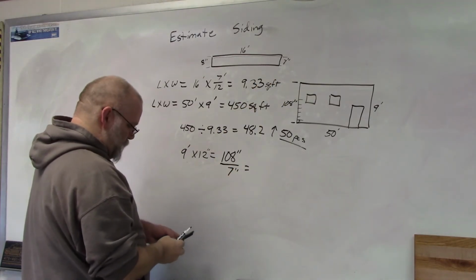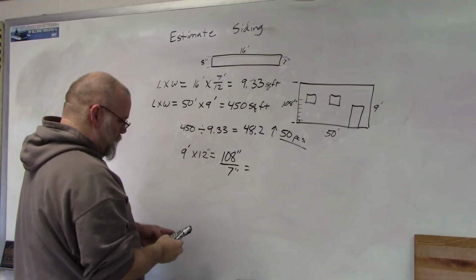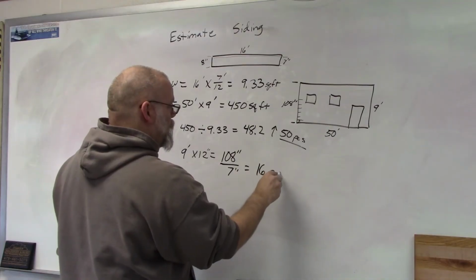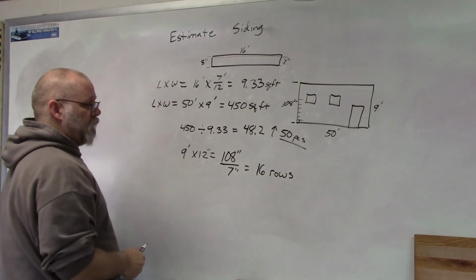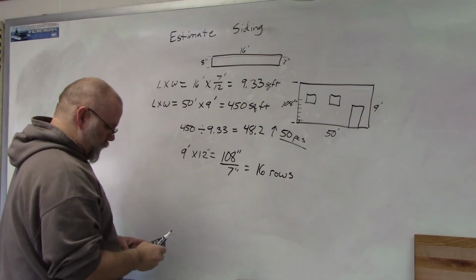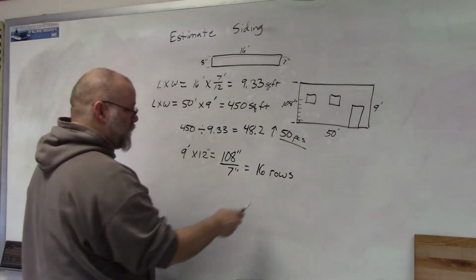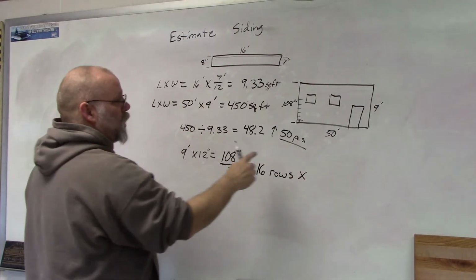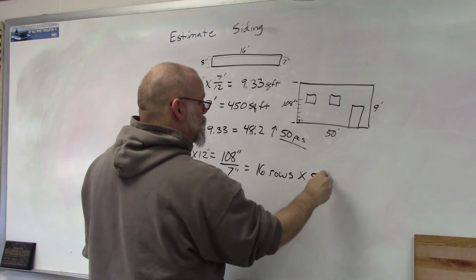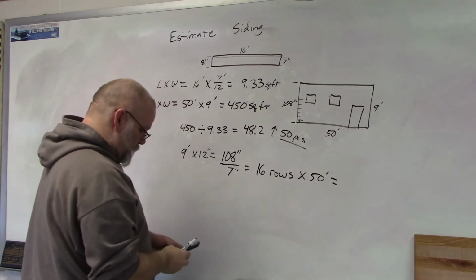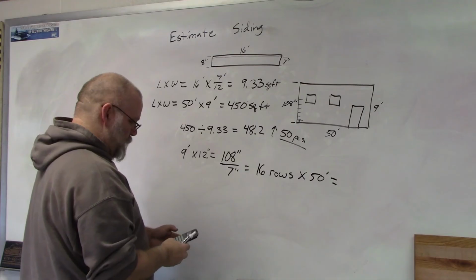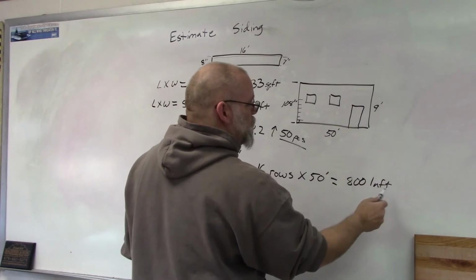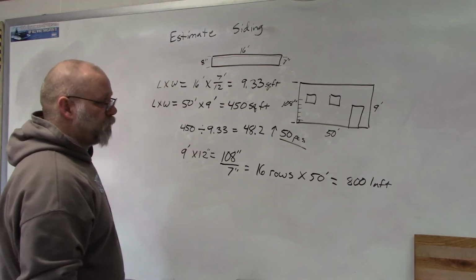So 108 divided by 7, rounded up, gives us 16 rows of siding. Each row is 50 feet long, so we take 16 times 50, and that gives us 800 linear feet of siding.